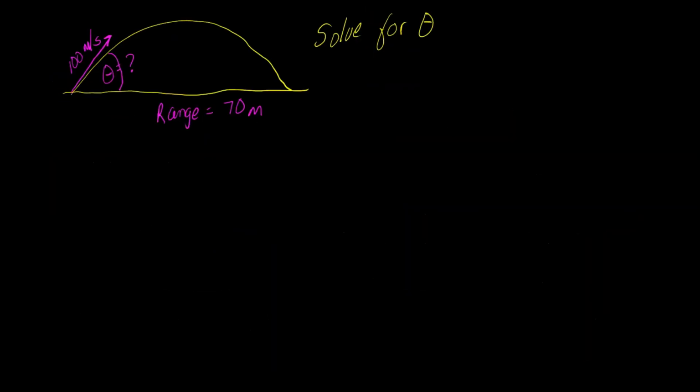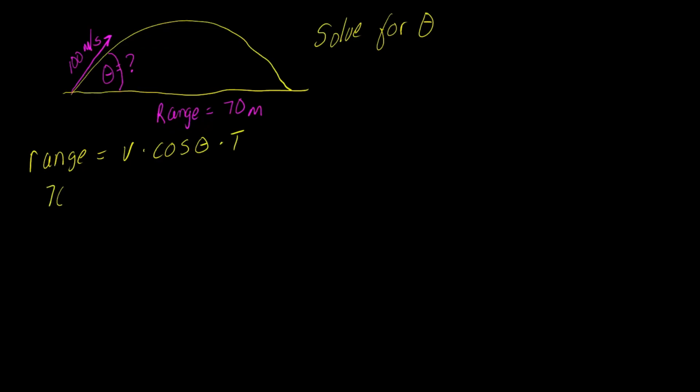In this example, we have a projectile being launched at 100 meters per second at some unknown angle. And it has a range equal to 70 meters. So we'll be solving for theta here. Okay, these are a little more difficult when you're solving for an angle. So I have range is equal to V times the cosine theta times the time.